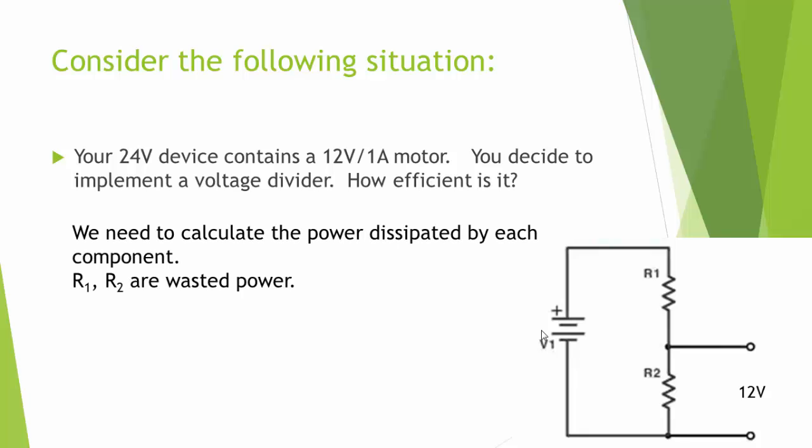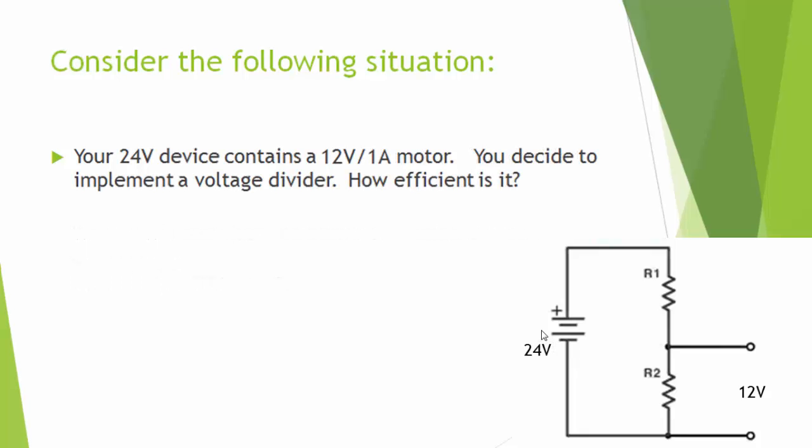Well, it's easy enough to do this by calculating the power dissipated by the three different components, right? So R1 will dissipate power, R2 will dissipate power, and our motor will dissipate power. But R1 and R2 just go to heat. They're just wasted.